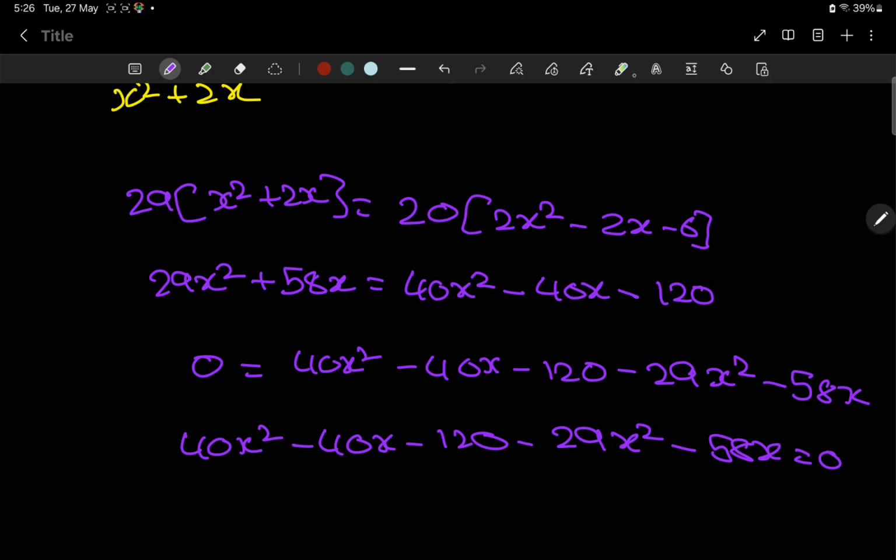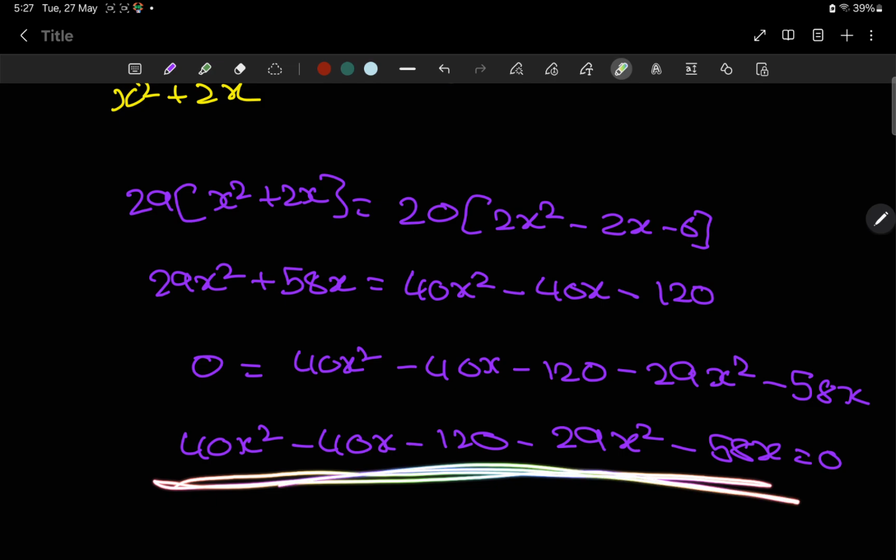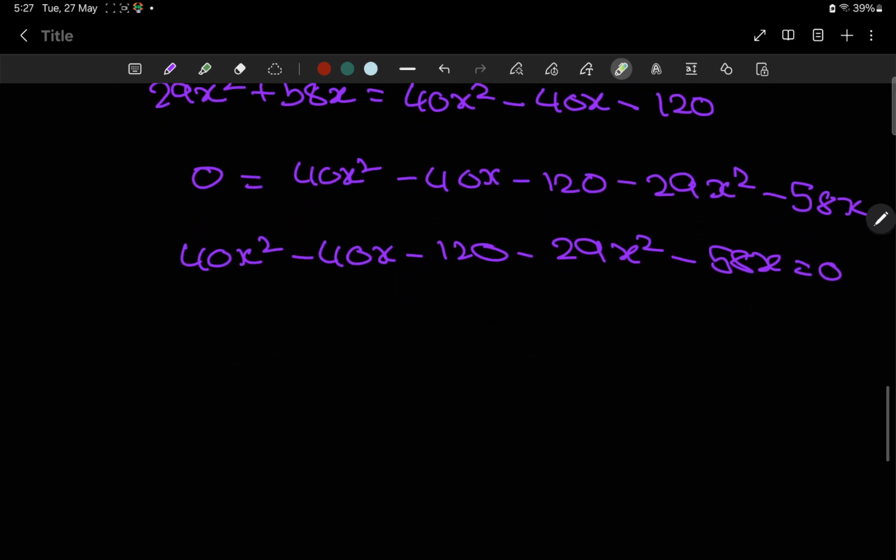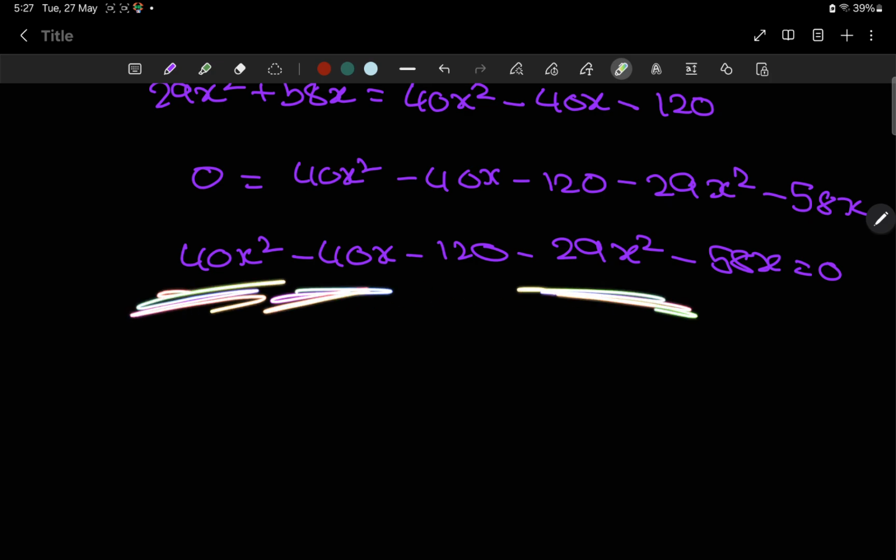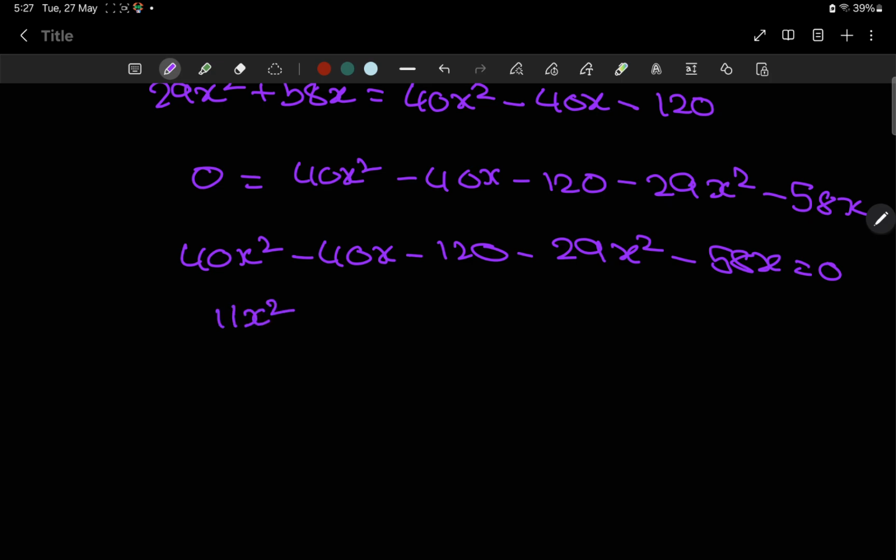If you observe, this equation can be further simplified. How? There are similar terms, right, with similar variables, right? x square and x square, x, and this is a single constant. So let's simplify it. So 40 minus 29 is 11x square.